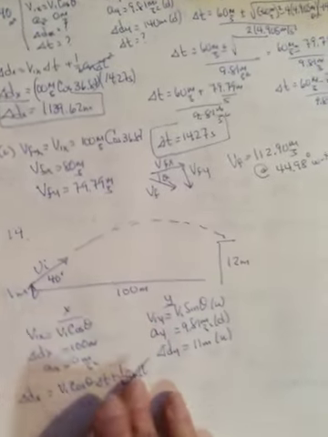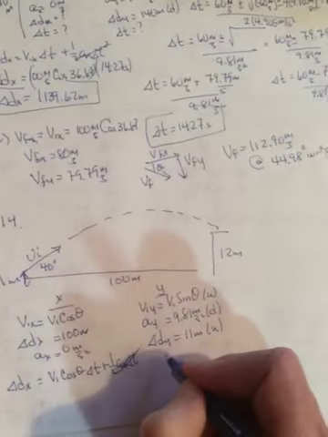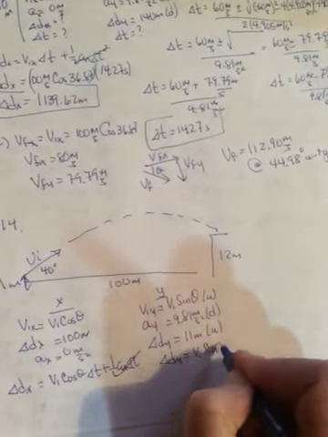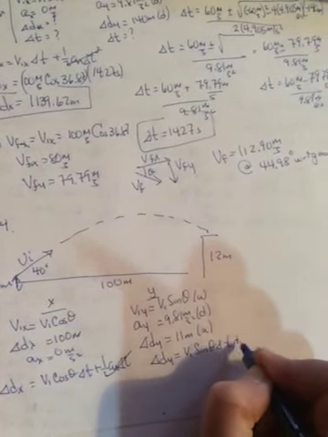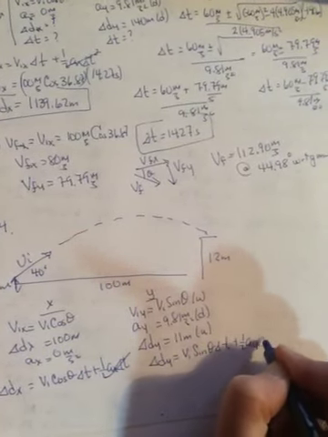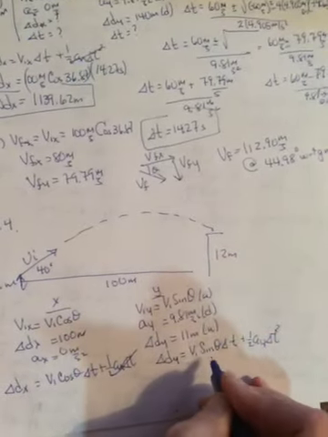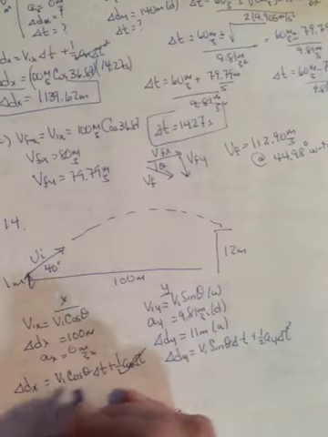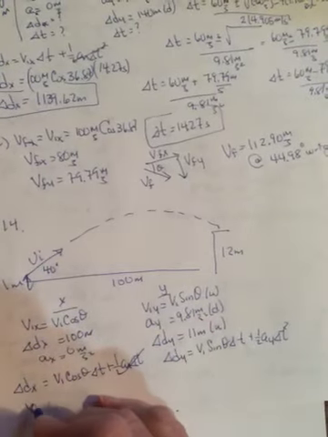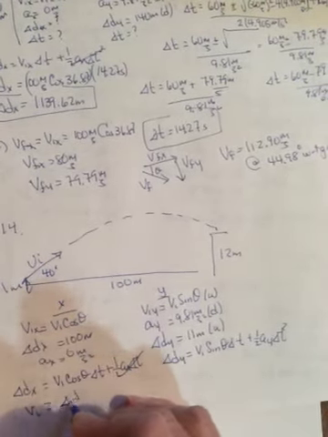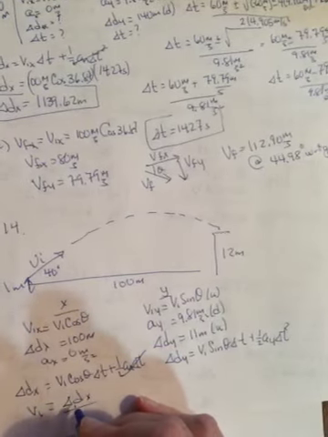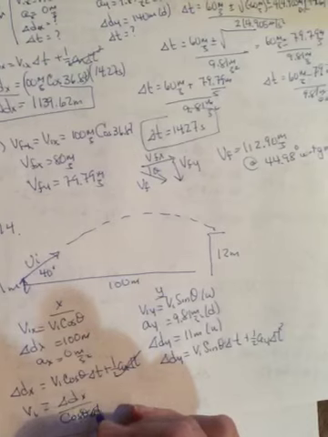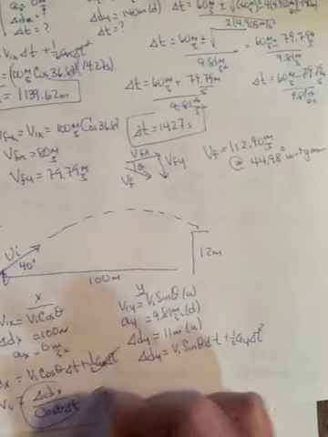In this equation, we don't have the VI or the delta t. Delta dy is equal to VI sine theta delta t plus 1/2 AY delta t squared. Again, don't have the time or the theta. So rearrange this one for the VI. And it's going to be delta dx over cos theta delta t.